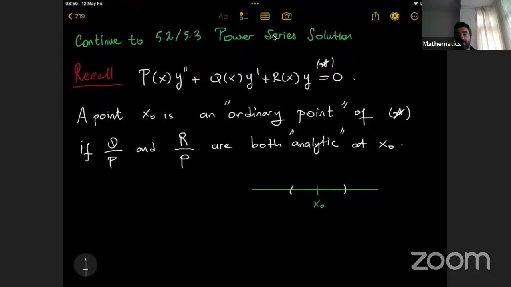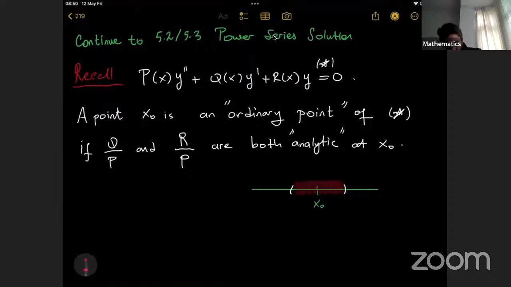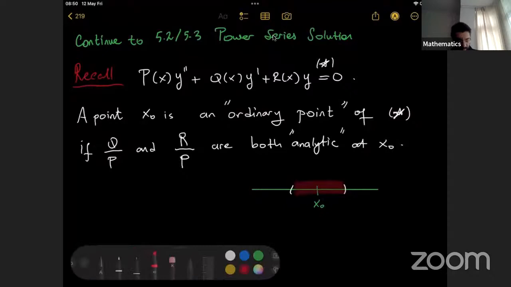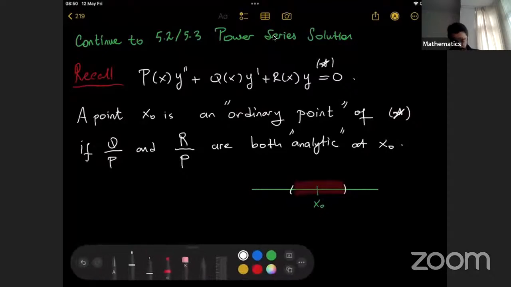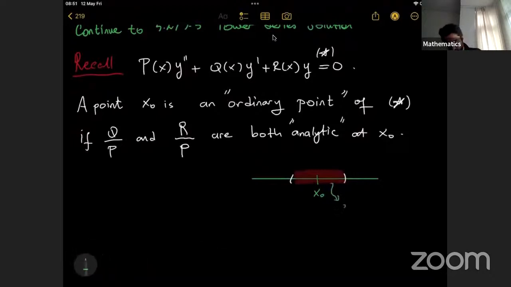We will have a radius of convergence for the power series, and this power series determines the space of the solution. Okay, so this is where we solve the system, power series solution near x naught.